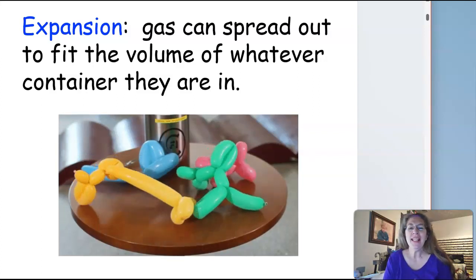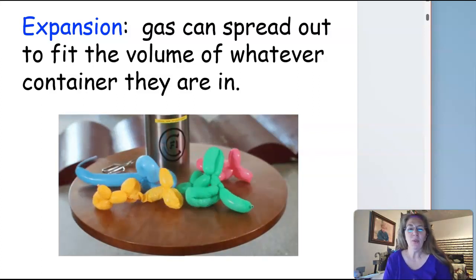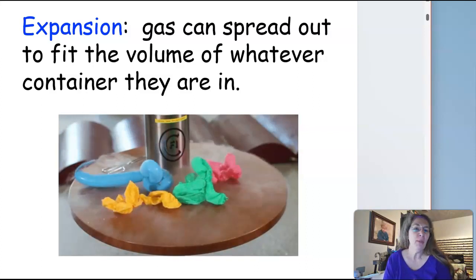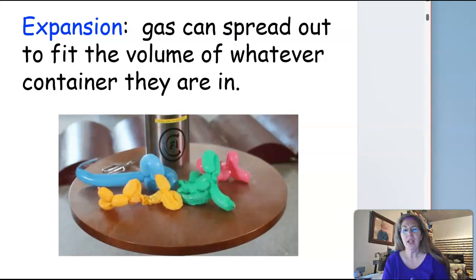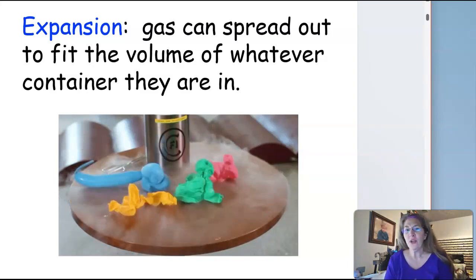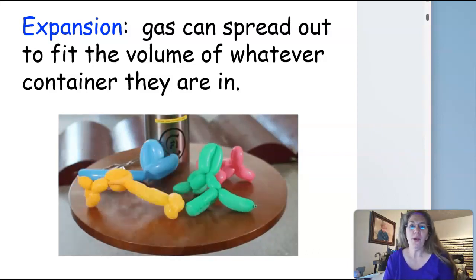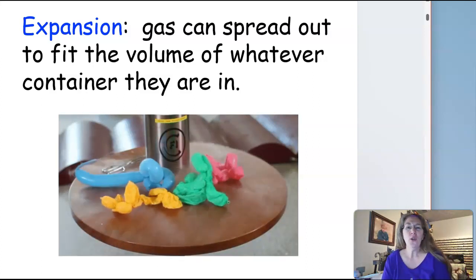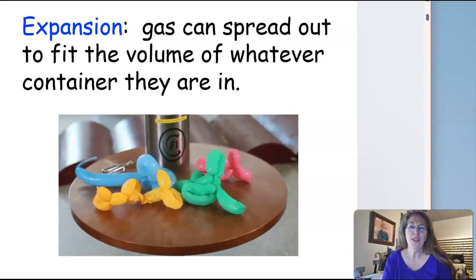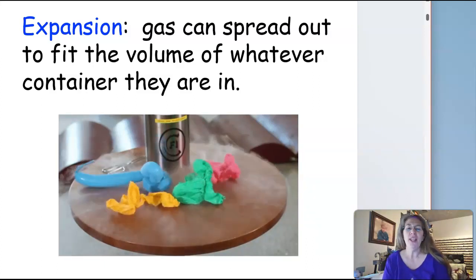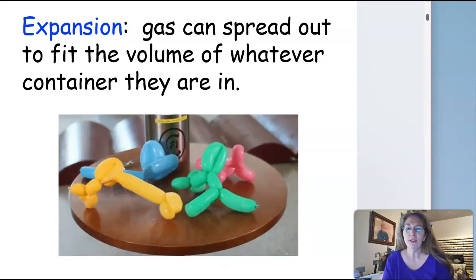And so you can see that the gas is expanding within the balloons. The temperature is increased by putting the balloons on the table at room temperature. The balloons were put into liquid nitrogen, which is super duper cold, which slows down the gas molecules in the balloons, and we get a decrease in volume. So here you see the expansion of those gas molecules within the balloons.